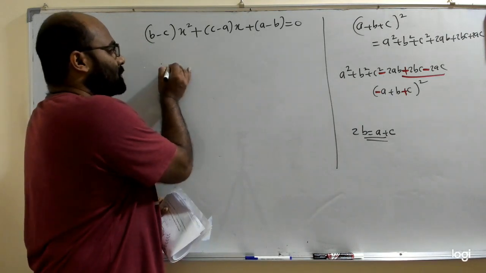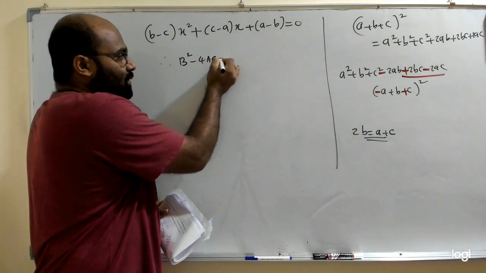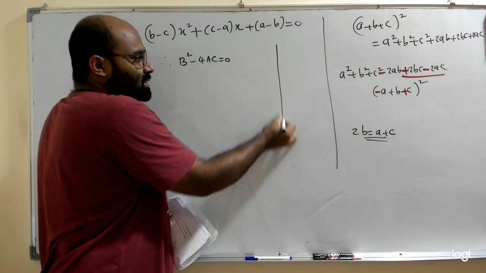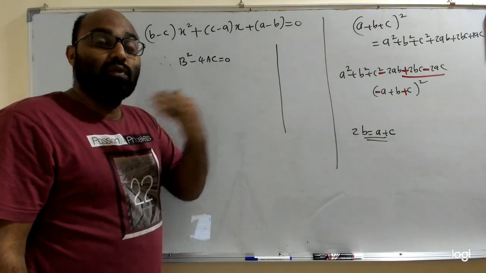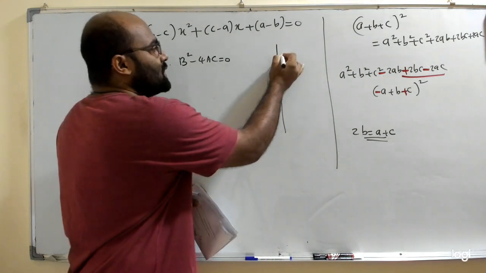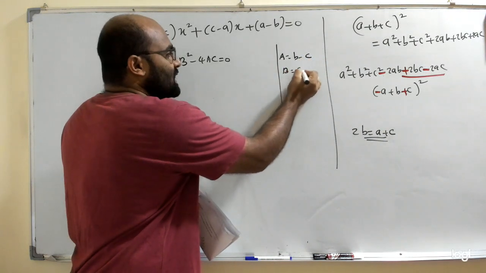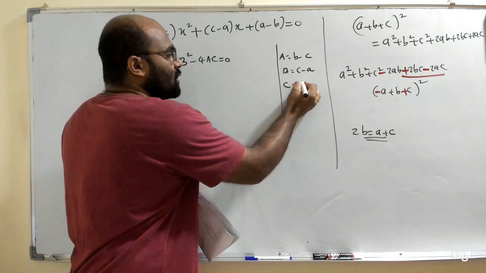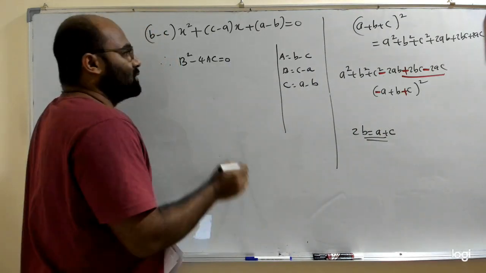Therefore, B square minus 4AC equal to 0. Why I used capital letters? Because already small letters I used over here, to avoid the confusion. Nothing else. So here A equal to what? b minus c. B equal to what? c minus a. And C equal to what? a minus b. Now substitute the values.